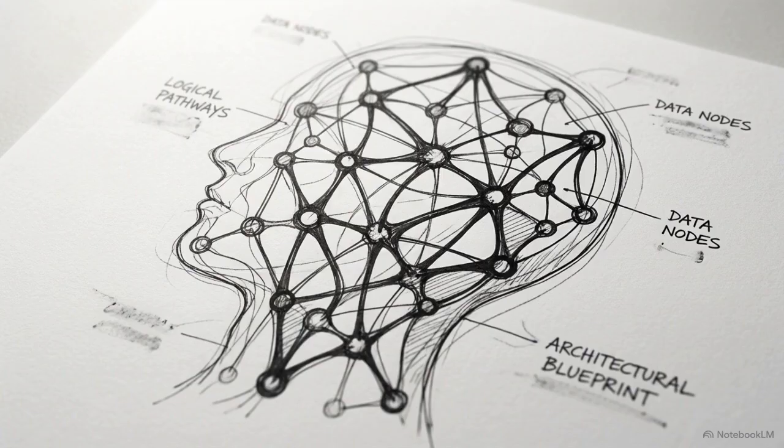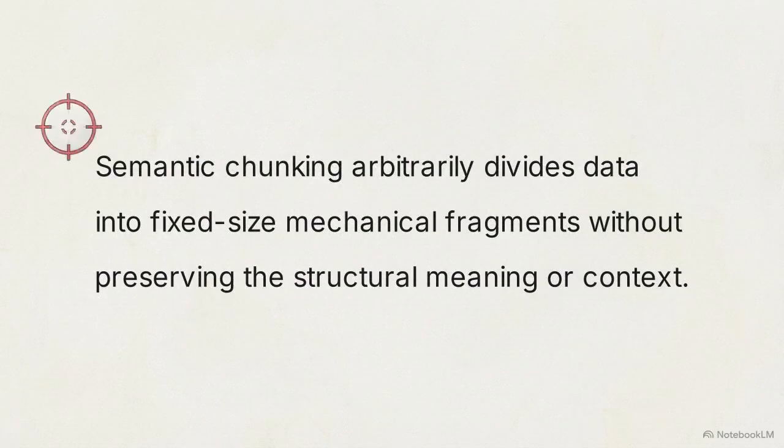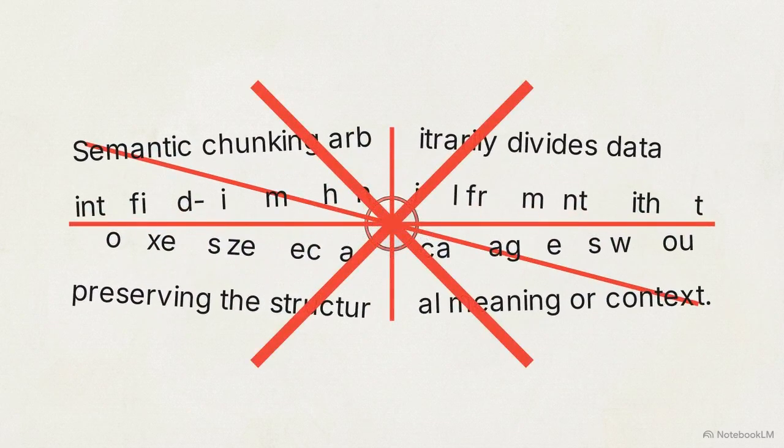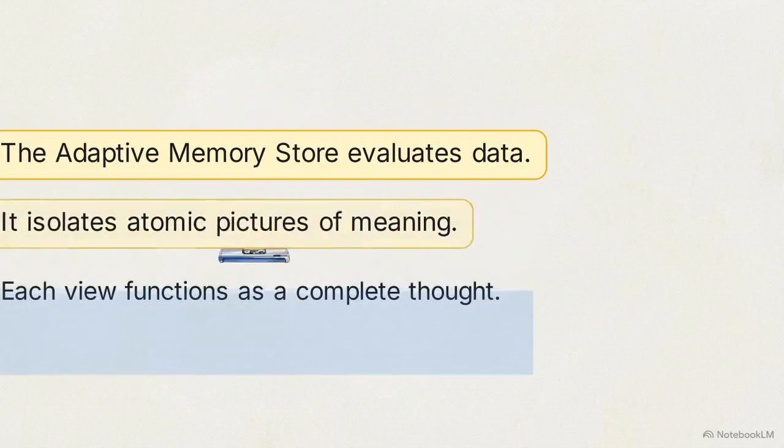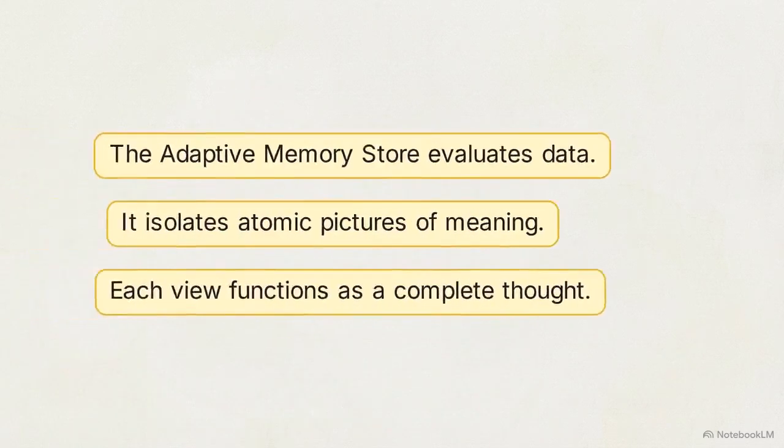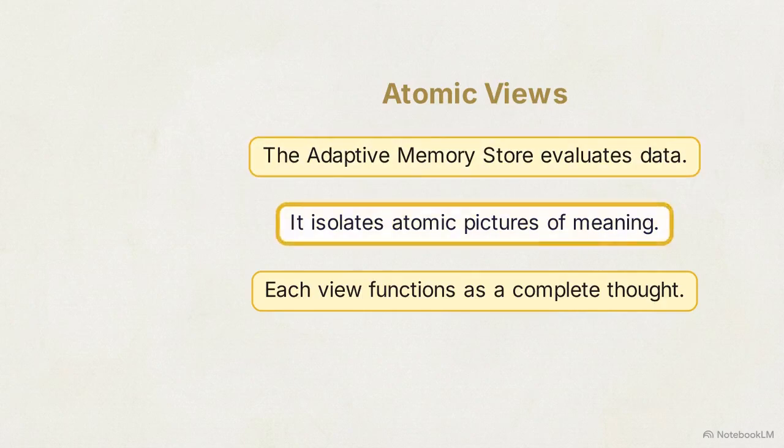An evolving knowledge engine requires us to structurally model the language model's actual cognition. Current data ingestion relies on semantic chunking, making arbitrary cuts resulting in isolated text fragments. But AMS uses views. An active intelligence scans the text, isolating complete thoughts as atomic units.